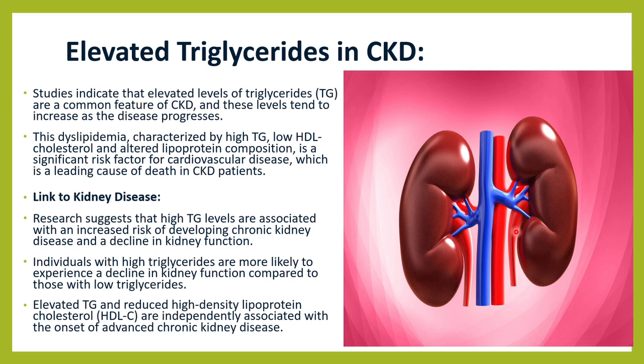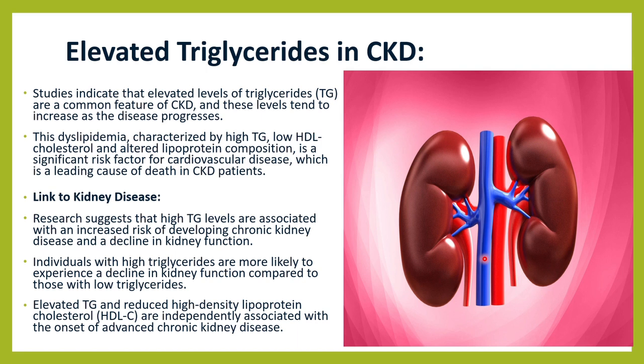So dyslipidemia, which is characterized by high TG, low good cholesterol and altered lipoprotein composition, is a significant risk for cardiovascular disease, and that can also cause death or it can also worsen the chronic kidney disease. High TG are associated with an increased risk of developing chronic kidney disease and decrease in kidney function. So people who are having high TG are more likely to experience a decline in kidney function compared to those who are having low TG.